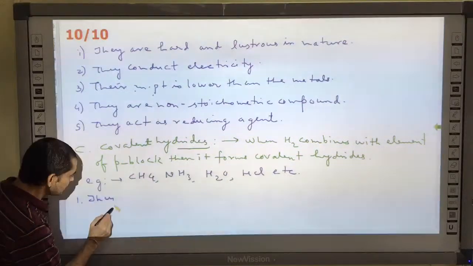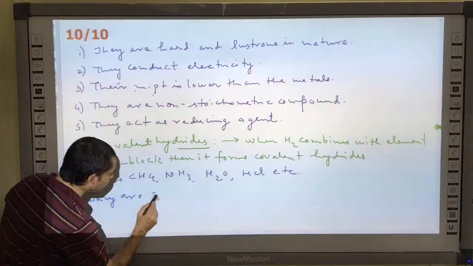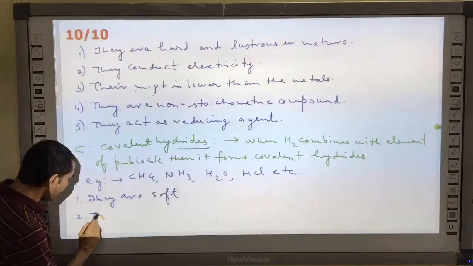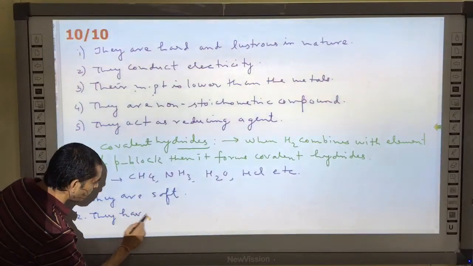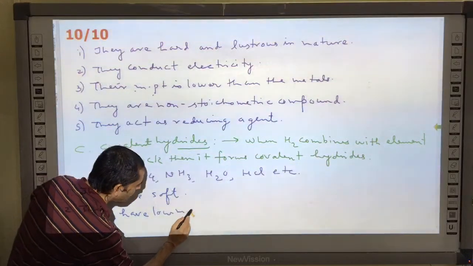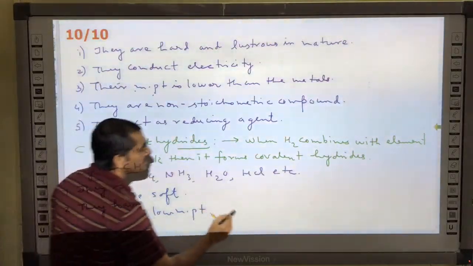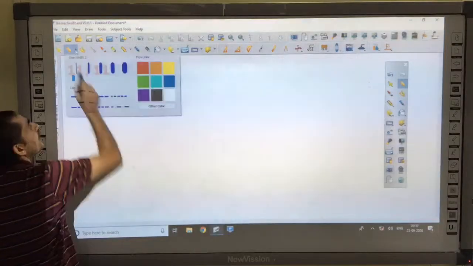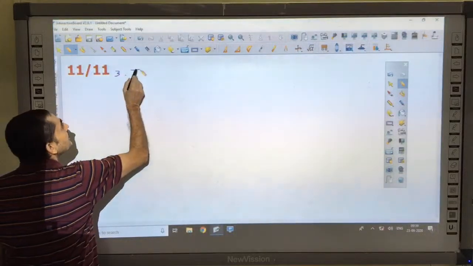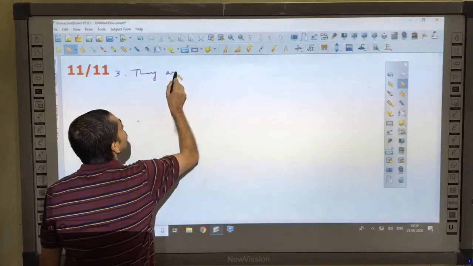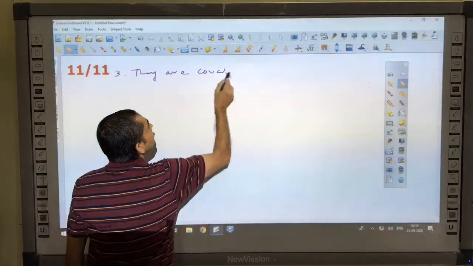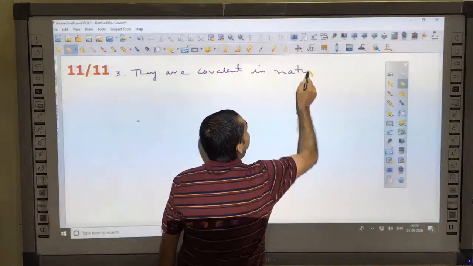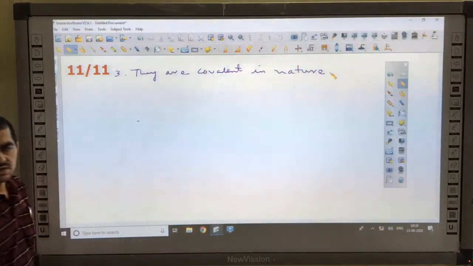First, they are soft. All covalent hydrides are soft. Number second, they have low melting point. Number three, these hydrides are covalent in nature.